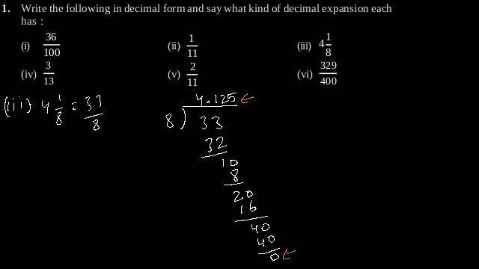So the decimal expansion of 4 1 by 8 or 33 by 8 is 4.125, and since the decimal expansion terminates, we can call this decimal expansion terminating.